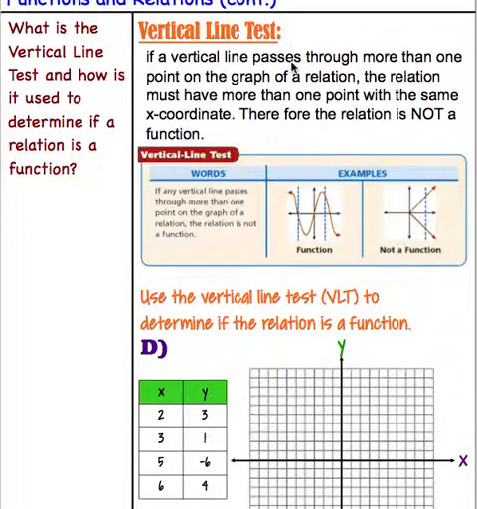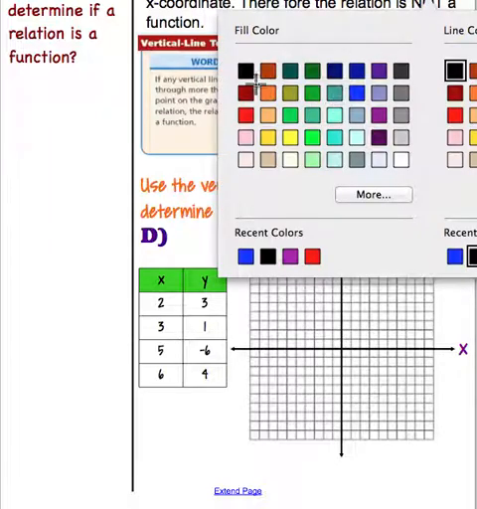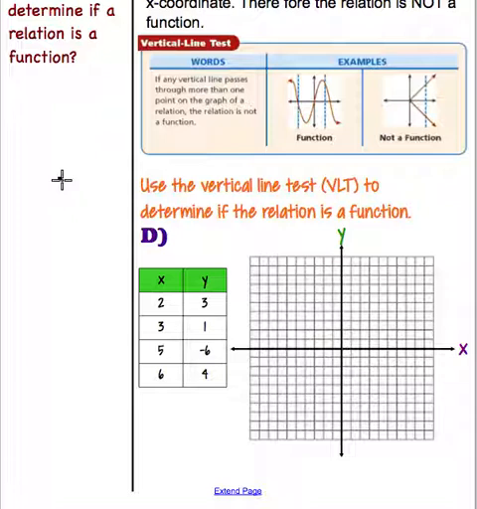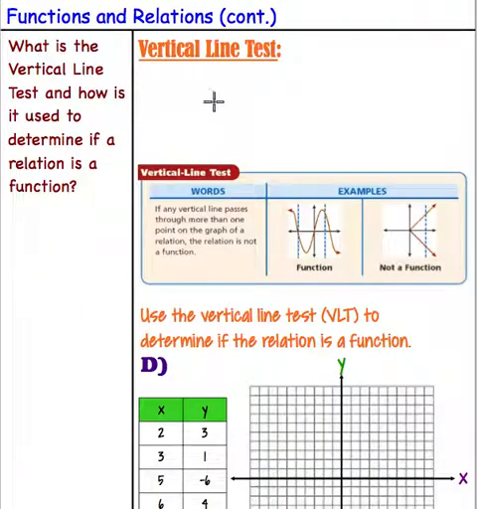So what we're going to do here is use this vertical line test to determine if the relation is a function.